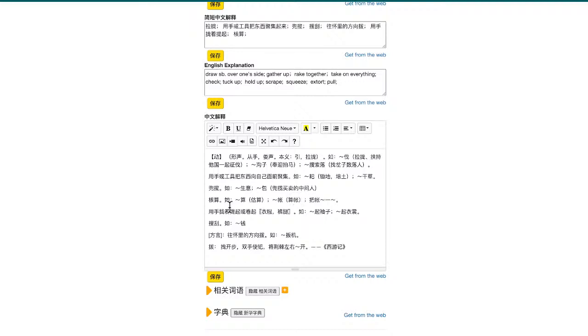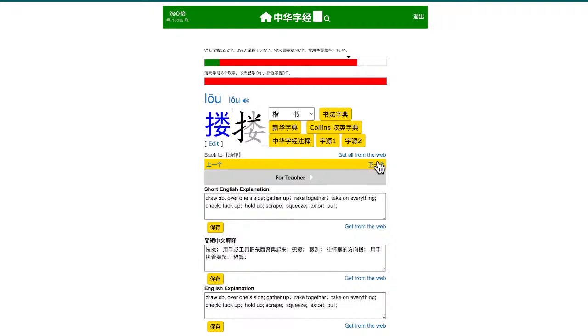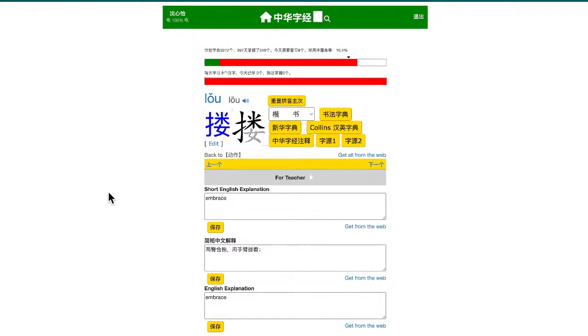And 拢生意, 拢包, 拢算, 拢班机. There are quite a few words there, but the basic meaning is that you are using your arm or hand to gather things close to you. A second pronunciation is 搂.